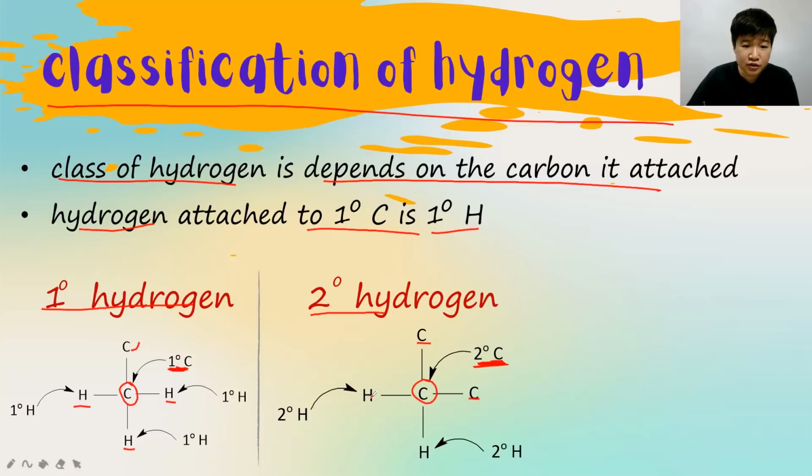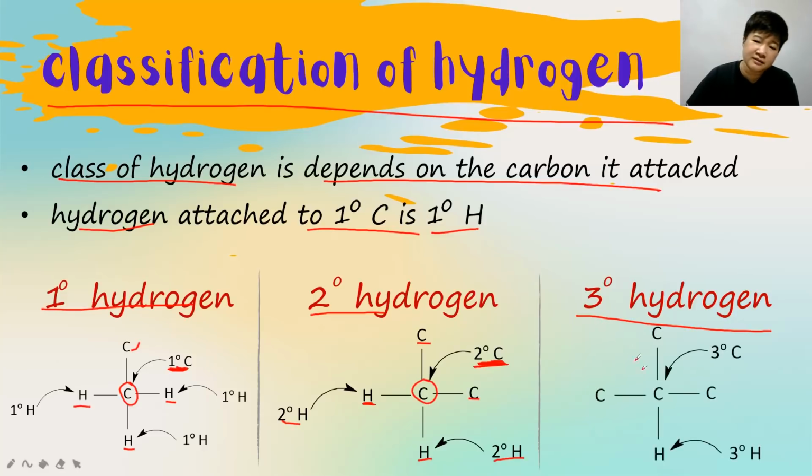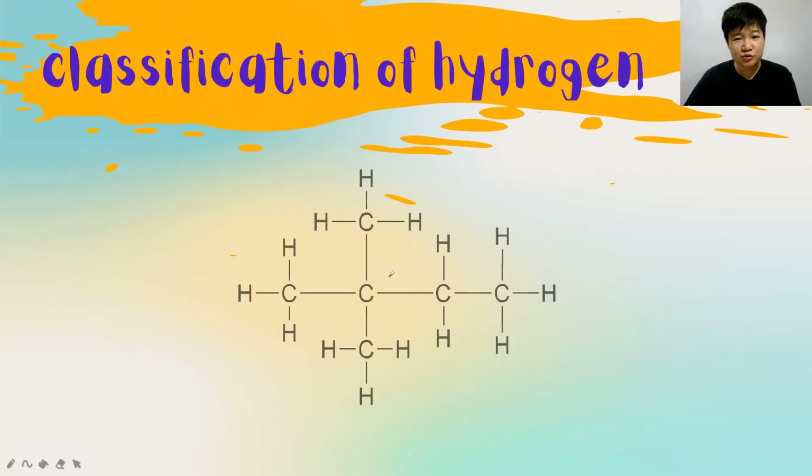And the hydrogen that is bonded to this secondary carbon will be secondary hydrogen. Simple. Last but not least, tertiary hydrogen. Okay? Tertiary hydrogen over here means that the carbon is a tertiary carbon right now. And this tertiary carbon has 1 hydrogen, and that hydrogen will be classified as tertiary hydrogen. That's it. Simple.